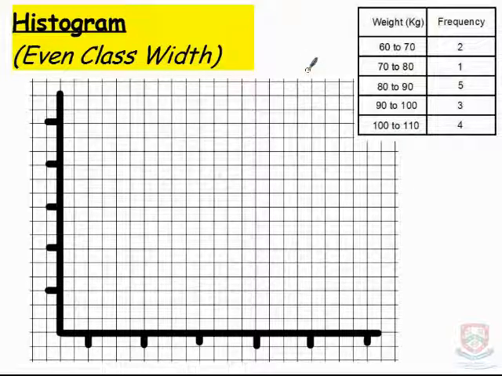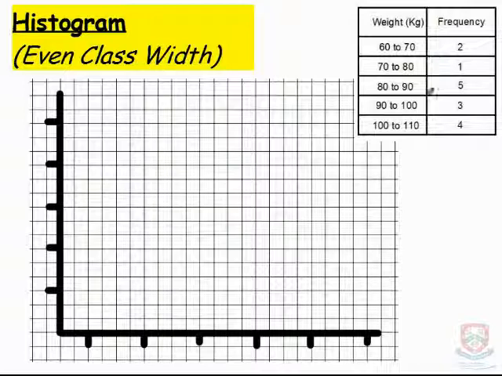This allows us to draw quite an easy histogram using frequency up the y-axis. It's important that when you are designing your scale that you spread out each space with the same number of squares between them. This keeps everything evenly spread out, so it's easier to compare the distribution of data.